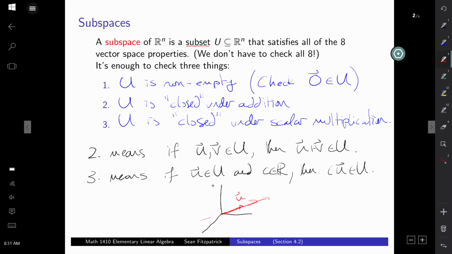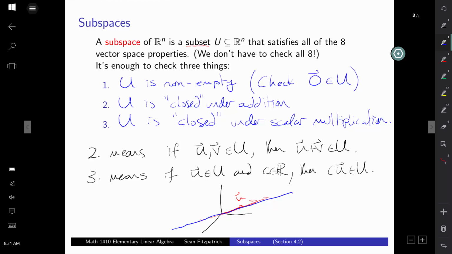We can multiply by negative scalars and get vectors in that direction. Basically, the position vector for every single point on that line through the origin in the direction of u has to be included in the subspace. So if u belongs to the subspace, then every point along that line in the direction of u also belongs to the subspace.